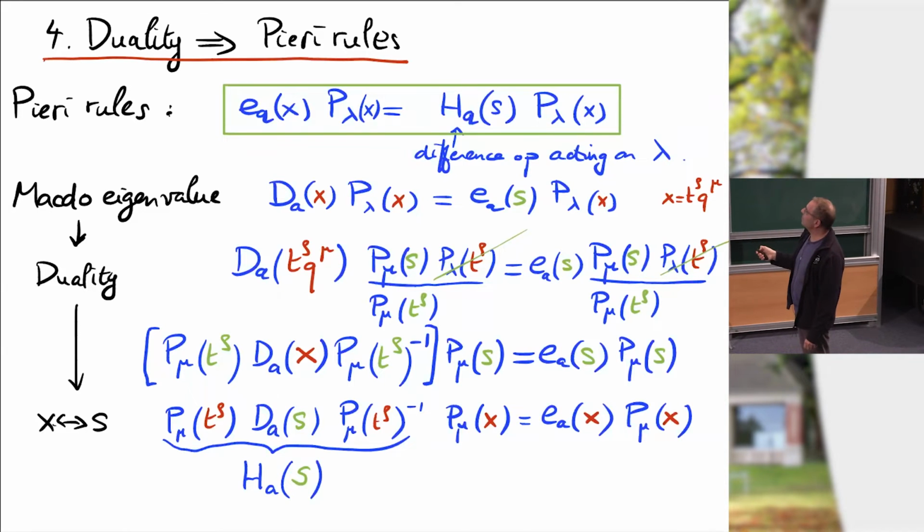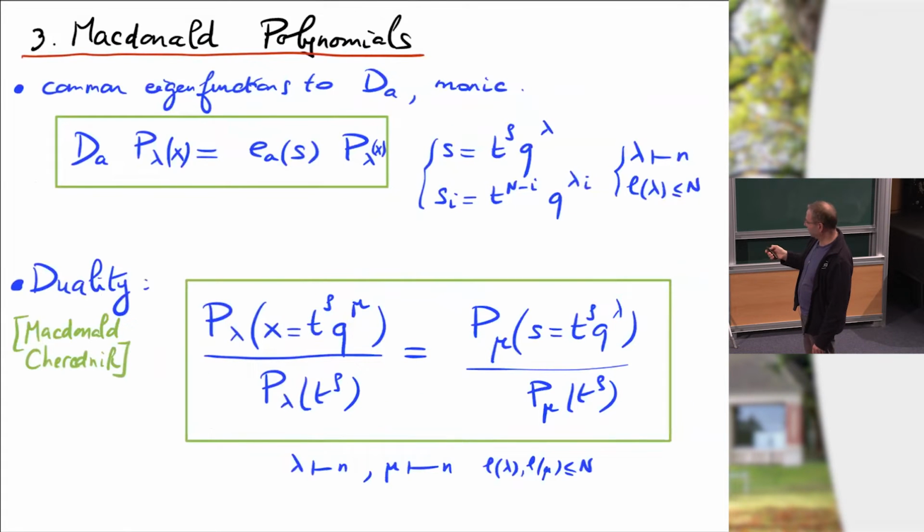So let's start from the eigenvalue equation right here, D P equals E P. Then I just write this by doing the specialization x equals q^mu, and I use the relation from my previous slide, which is right here, to transfer the mu from the inside to the outside.